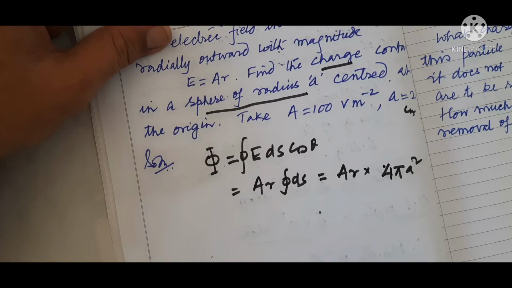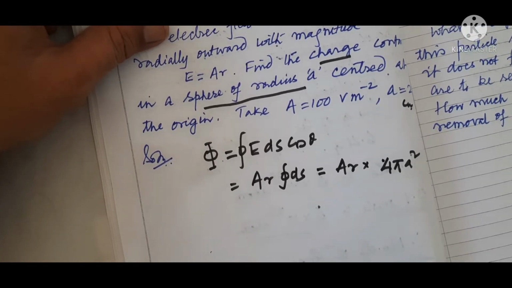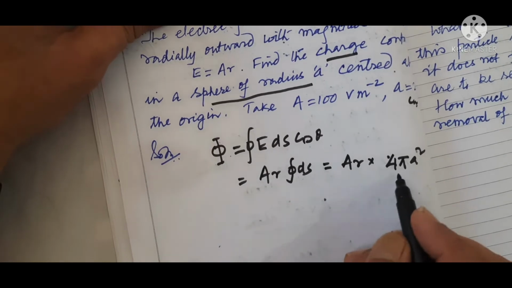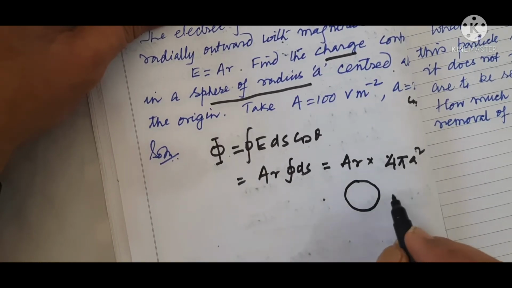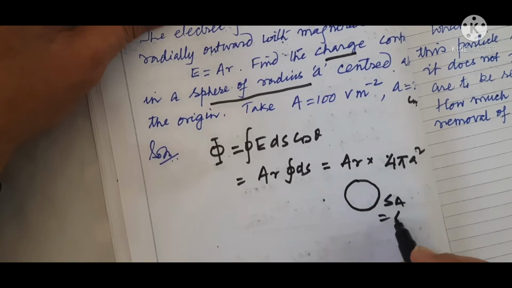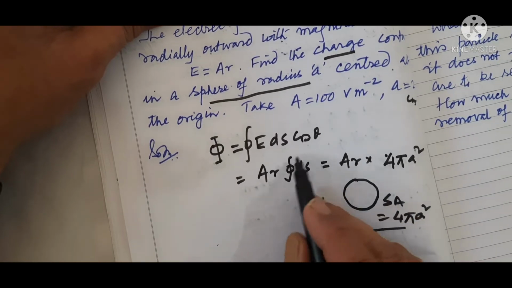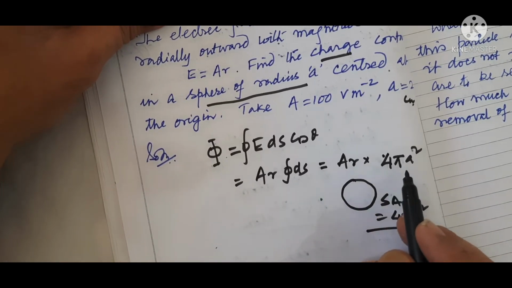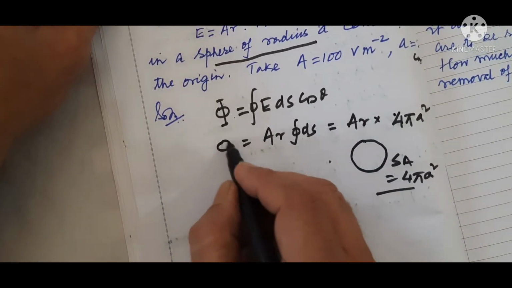How does it come? The surface area of the sphere is 4 pi r square. Here r is a, so the surface area will be 4 pi a square. That's why the integration of ds is 4 pi a square. So that is the value of the flux.